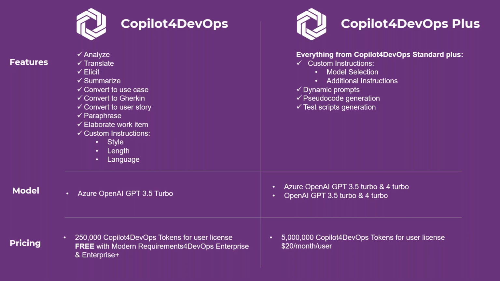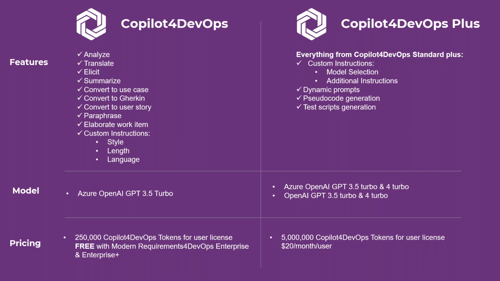In the weeks to come, Copilot for DevOps Plus, which includes everything you see on the screen, is going to become available through the Azure Marketplace as a standalone item.